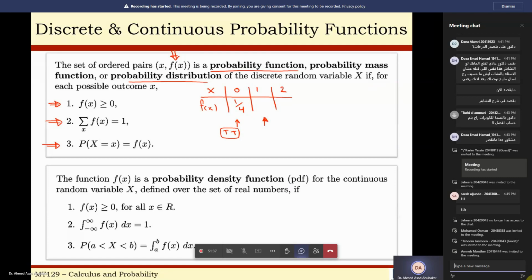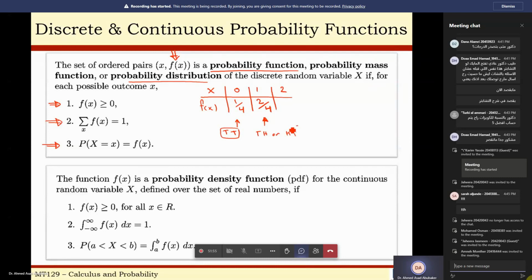How many outcomes if the number of heads equals 1? We have TH or HT. So we have 2 outcomes over 4.